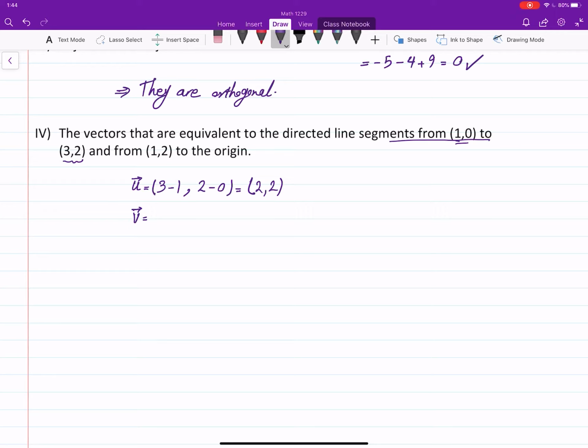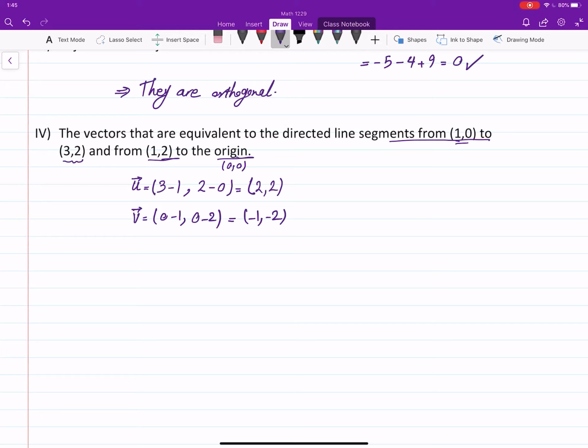How about v? v is the vector which is equivalent to the directed line segment from (1, 2) to the origin. The origin, remember, has the coordinates (0, 0). So we have 0 minus 1, endpoint minus the starting point, 0 minus 2. So this is (-1, -2).